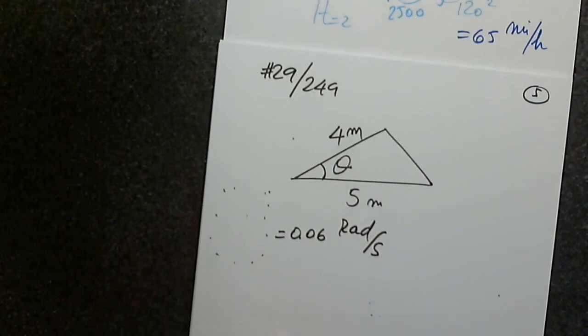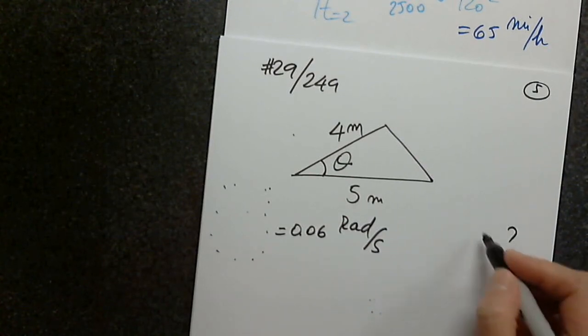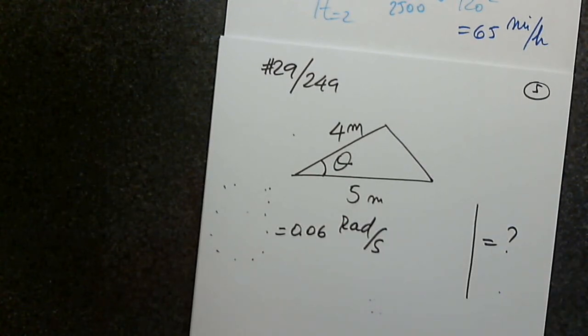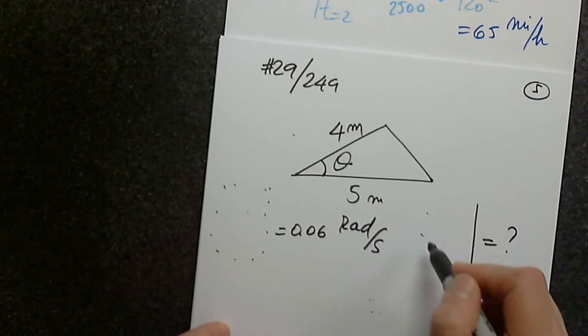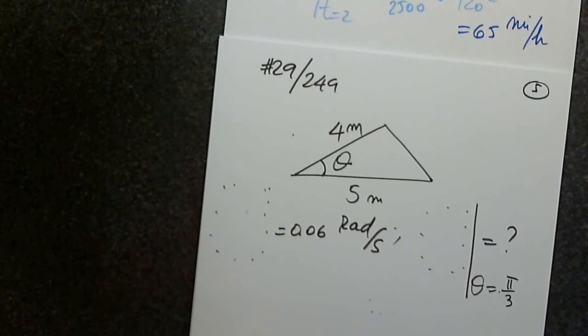You tell me what that means. Find the rate at which the area of the triangle is increasing when the angle is pi/3. I'm missing two quantities before we even attempt the problem or think about the problem.